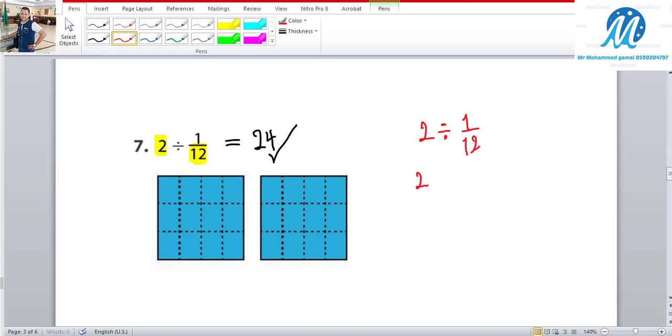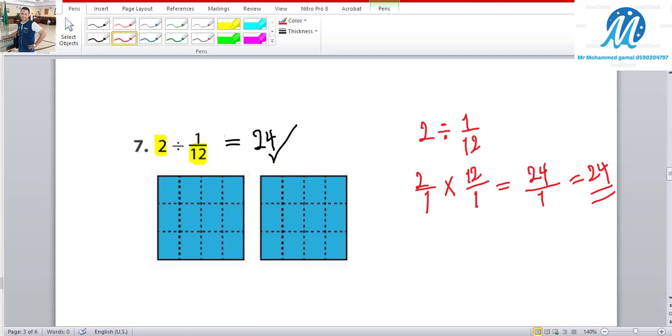The 2, I will make it 2/1. Divide, I'm going to change to multiply. And this 1/12, I'm going to flip it upside down, 12/1. Now if you multiply 2 by 12 is 24, and 1 by 1 is 1. So the final answer is equal to 24.